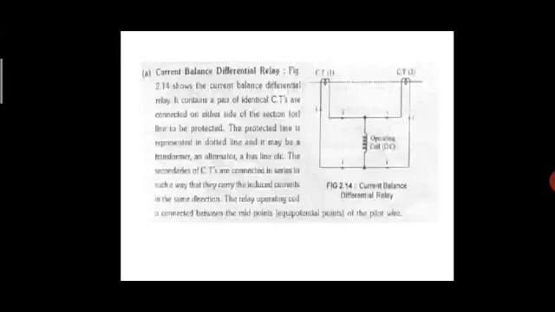So CT1, CT2 on the two sides are current transformer 1 and current transformer 2. I means flow of the current, OC means operating coil. So these are connected between the middle. This is the circuit diagram.